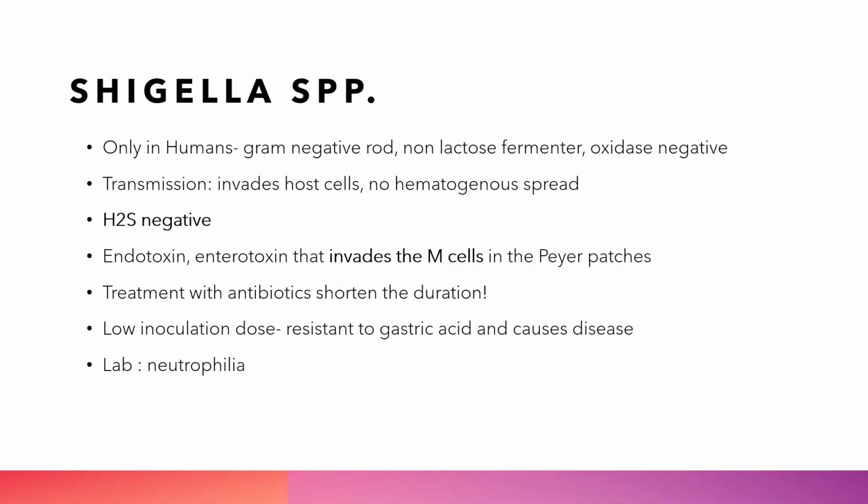And Shigella has a very low inoculation dose that is resistant to gastric acid, and it will cause a disease. Now, a low inoculation dose means not a lot of Shigella bacteria is needed in order for it to cause a disease. And on labs, we will see neutrophilia. This will cause neutrophils to increase because it will start to fight off an infection.